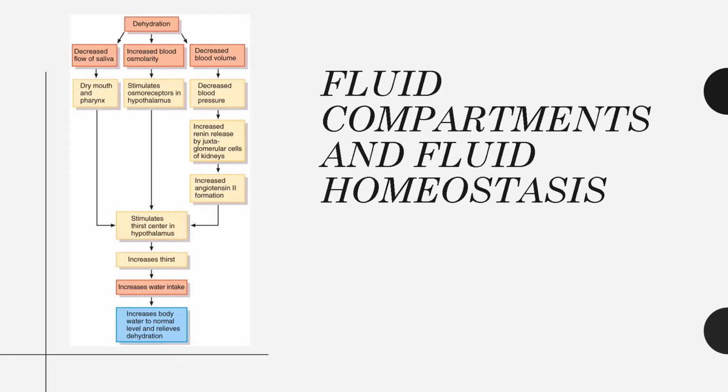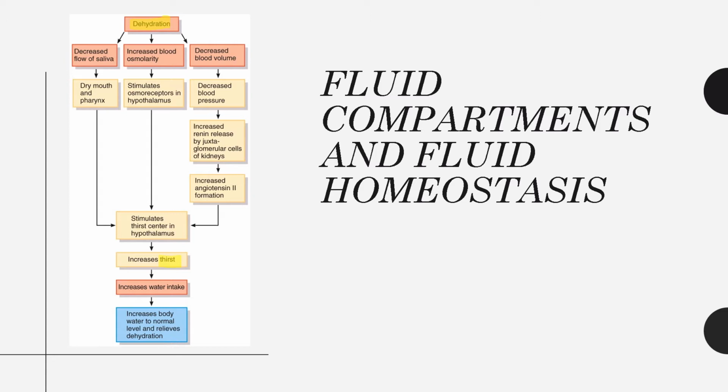Okay, so let's talk about dehydration a little bit. So this diagram here shows us the pathway through which dehydration at the top is going to stimulate thirst near the bottom here. Now remember that dehydration occurs when water loss is greater than water gain. Okay, so first we're going to cover our blood volume route here.